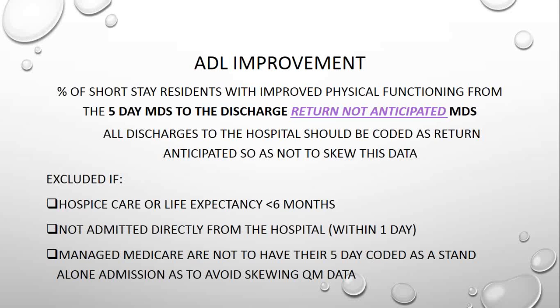If you send them to the hospital, you're pretty much expecting they're going to come back. So don't code return not anticipated, because when you do that, you're going to have to do an admission if one was completed, as well as skewing some of this data.